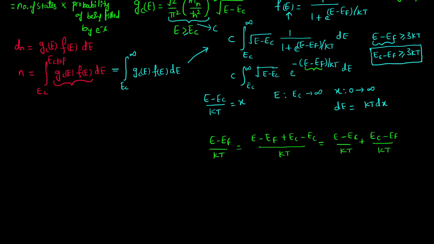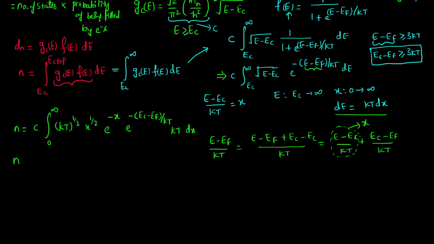So this expression, E minus Ec over kT, we defined to be a value x. So now, taking all this, let me rewrite this particular expression here in terms of x. Now we can write this as C times kT power 3 by 2 e power minus of Ec minus Ef over kT, where Ec and Ef are constants.